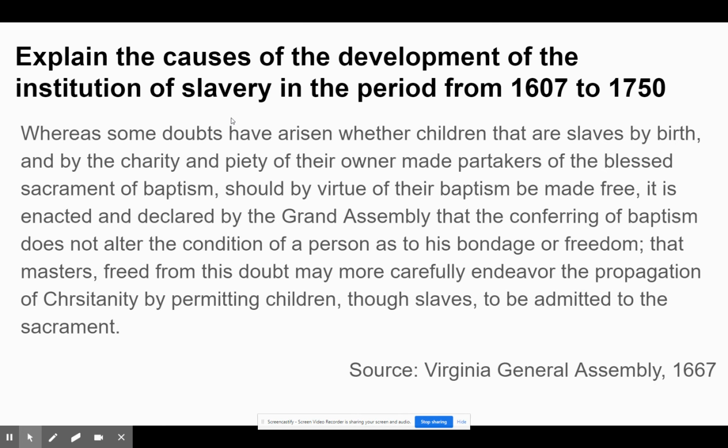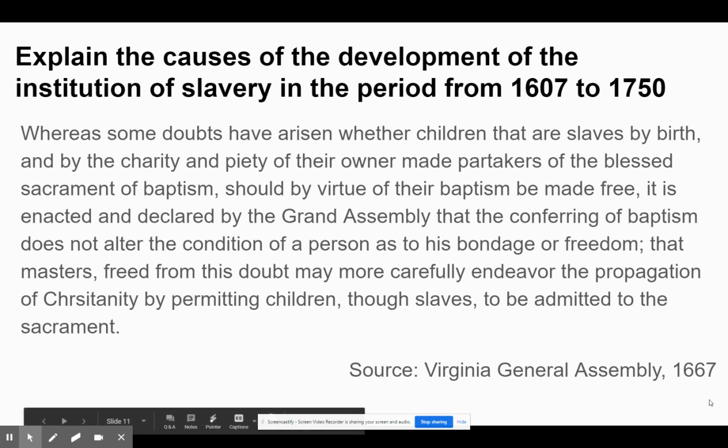All right, so this timeline obviously is within the time range we were given. So let's do the historical context. We're talking about the 1660s, we're talking about Virginia, and we're talking about the General Assembly, so a voting body, a legislative body. Virginia is a colony of Great Britain.